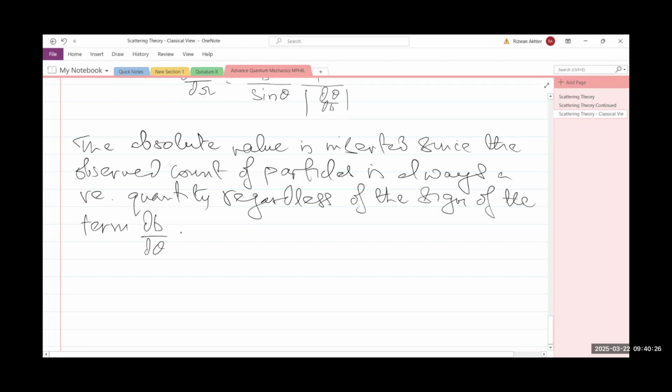Yeah, so that's why we basically write this expression in terms of the absolute value.